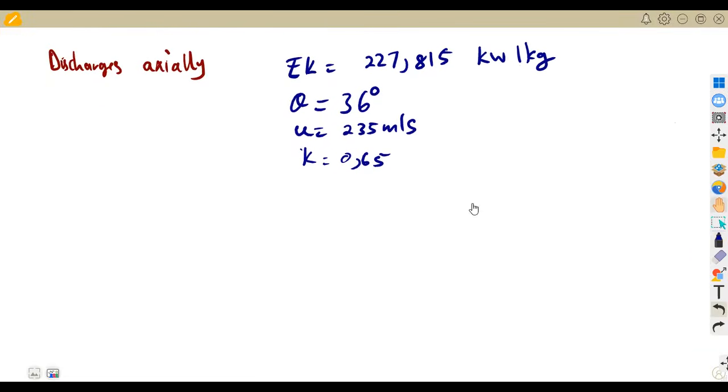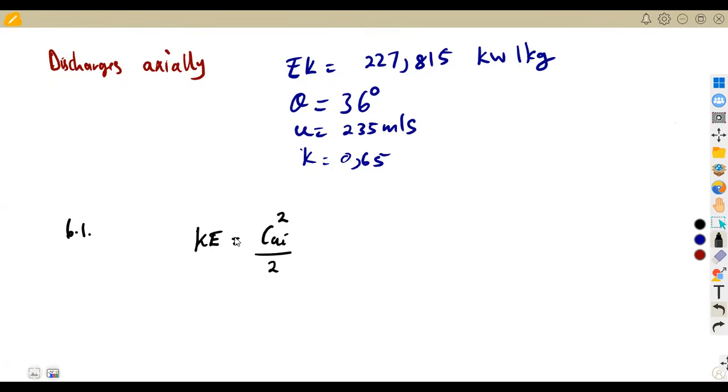We have the kinetic energy in this case, so 6.1. It was directly to the formula that we are given. They gave us KE, kinetic energy, which is given from the formula as the absolute inlet velocity squared over 2.